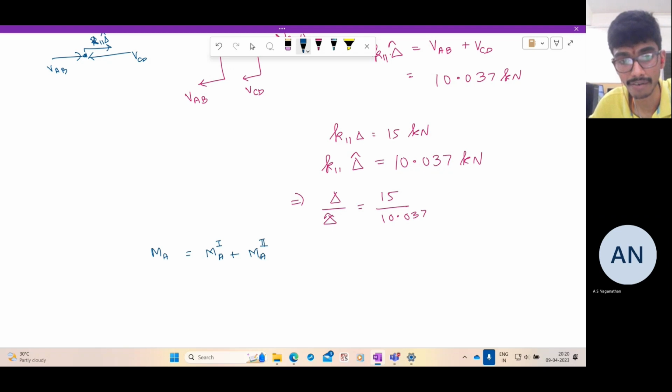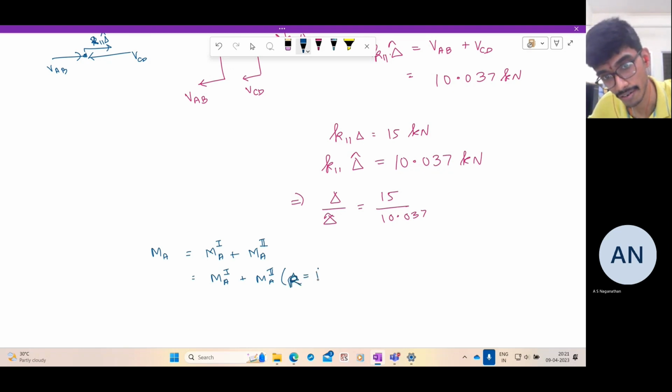In problem 2, we are expected to apply a load equal to the reaction, which is 15, which means it is M at A of problem 1 plus M at A in problem 2 when the reaction is equal to 15. But in our case, the reaction is only 10.037, right?